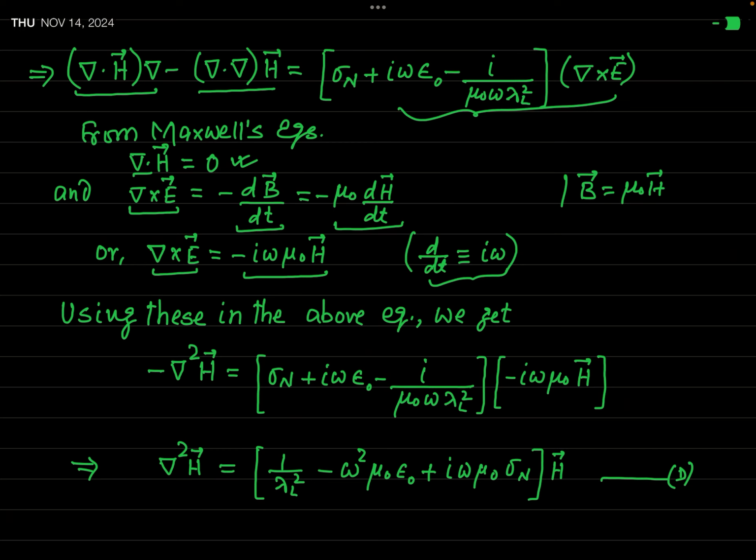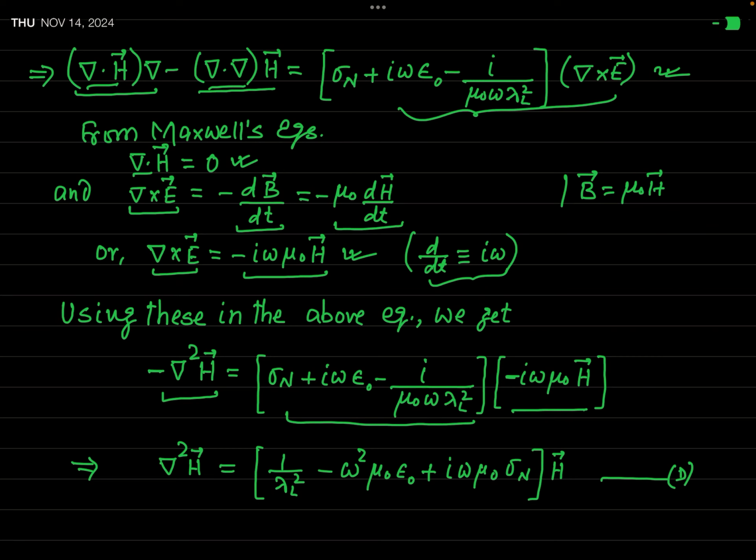Now in these results, in place of this del dot H we will put 0, and in place of curl of E we will put this much in this result. So when you substitute this, del dot del is del square, which is called the Laplacian operator. So this is minus Laplacian H equal to this much times this much, in place of curl of E. You can see the minus sign is present in both LHS and RHS, so that will cancel out.